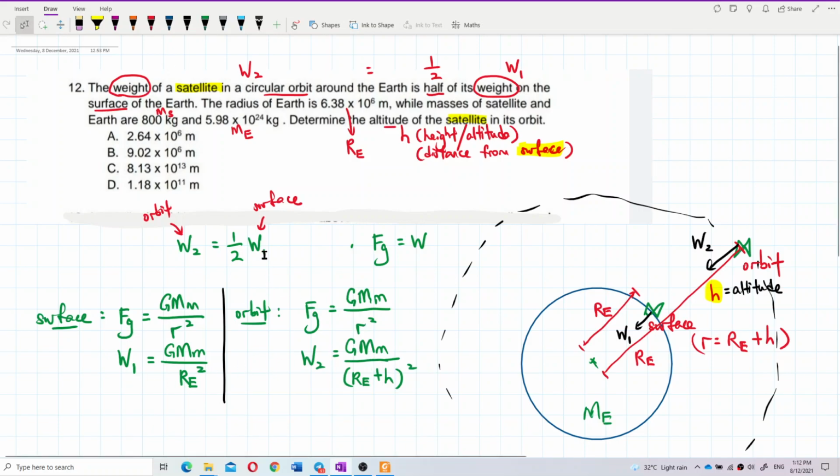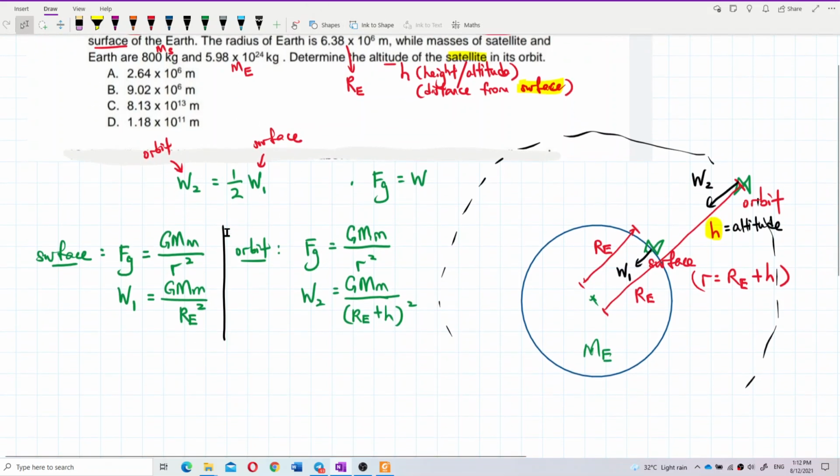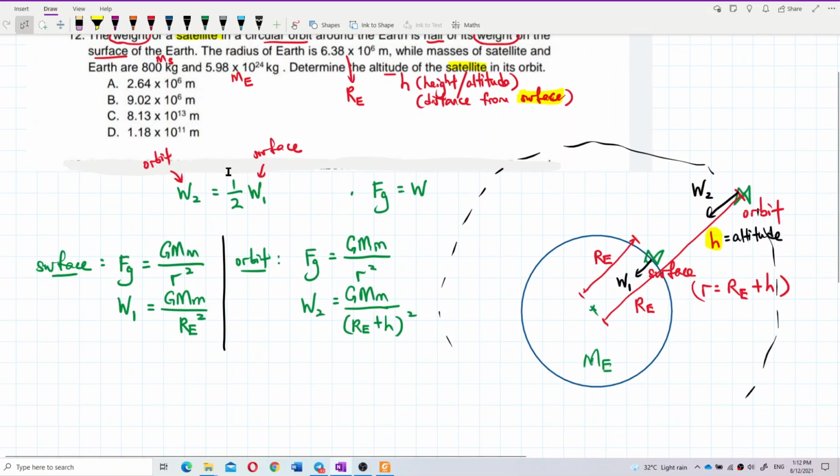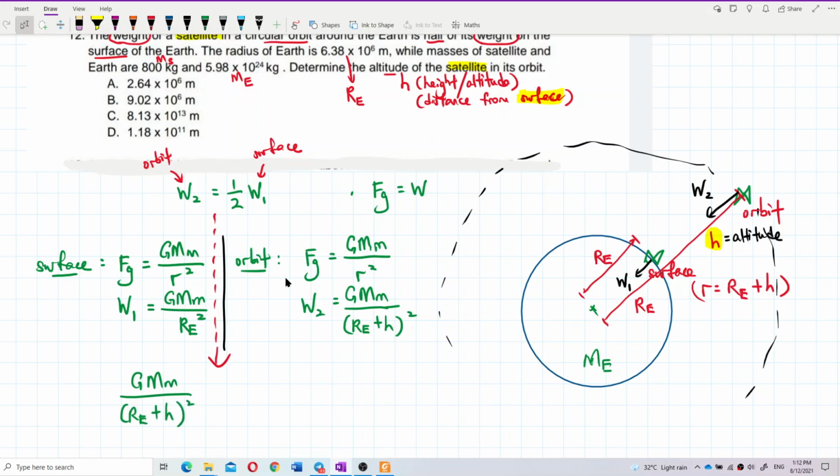So what's next? Put these two formulas into this formula. Continue below. Put the W2, the orbit one, into here: G, mass of Earth, mass of satellite, over radius of Earth plus h, square.